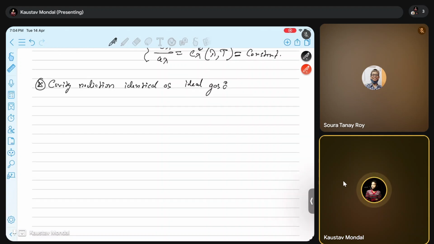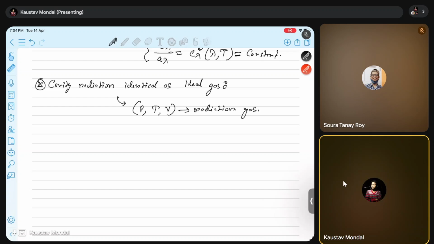That means we can define a particular pressure, temperature, and volume for this radiation gas. So the first thing that we'll calculate for this radiation gas is the total energy, or the internal energy.